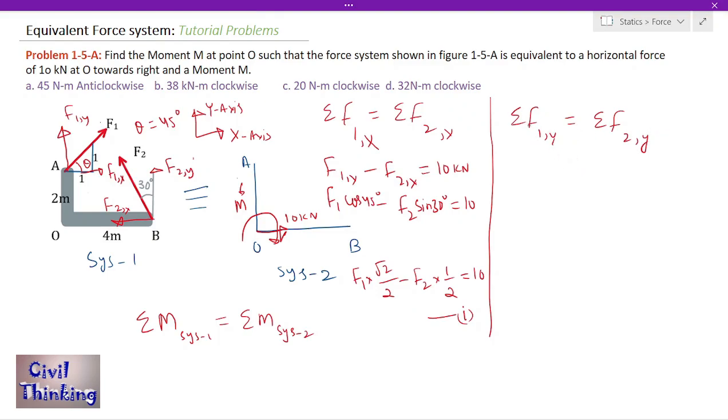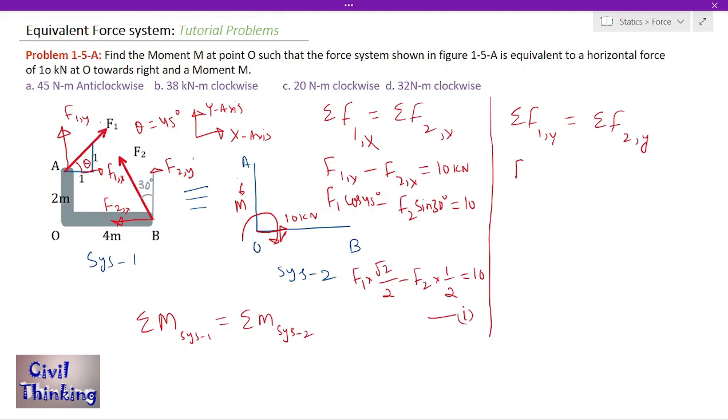Now let's apply this: summation of forces in system 1 along y-axis is equal to summation of all the forces in system 2 along y-axis, okay. So in system 1, in the y-axis we have to sum up all the forces. Which forces are along the y direction? f1y is in the y direction, also f2y, so I have to sum them all up.